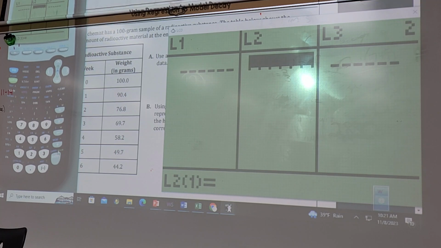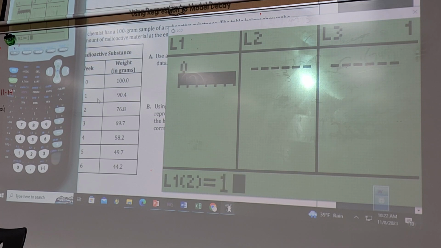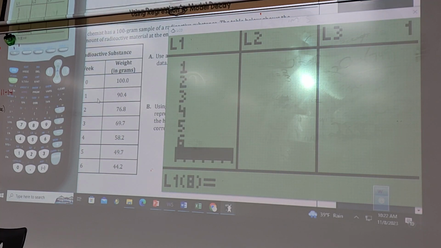In L1, I'm going to put my X values: 0, 1, 2, 3, 4, 5, and 6. We good on that? You can clear each individually as well if you are a masochist.